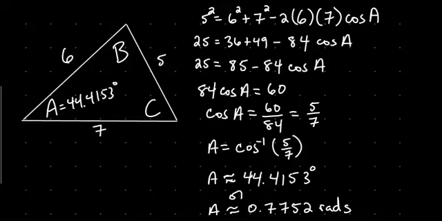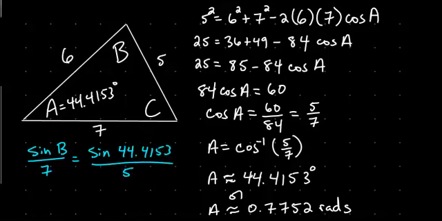I could say that sine B over 7 equals sine A, which is about 44.4153 over 5. Now I could do that, and you might think that's easier, but since we just learned the law of cosines, I'm going to go ahead and use it one more time here.